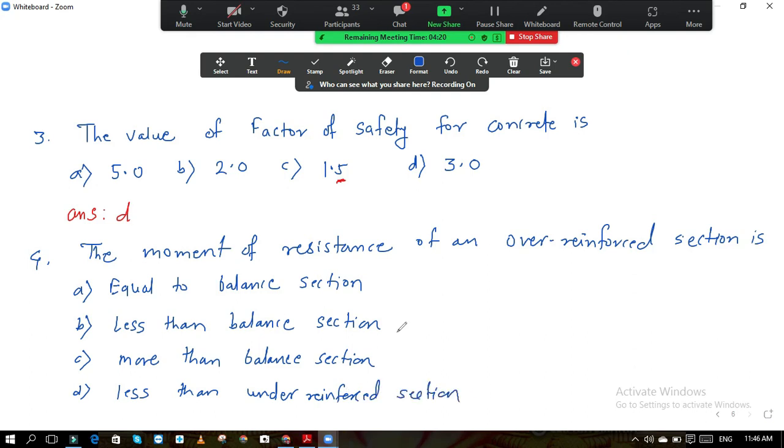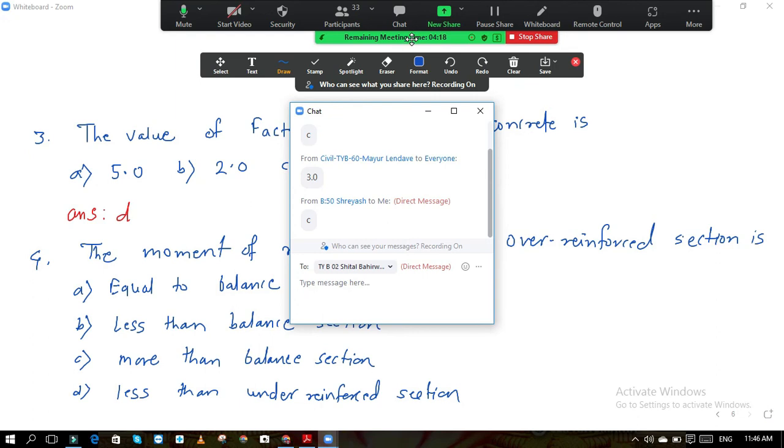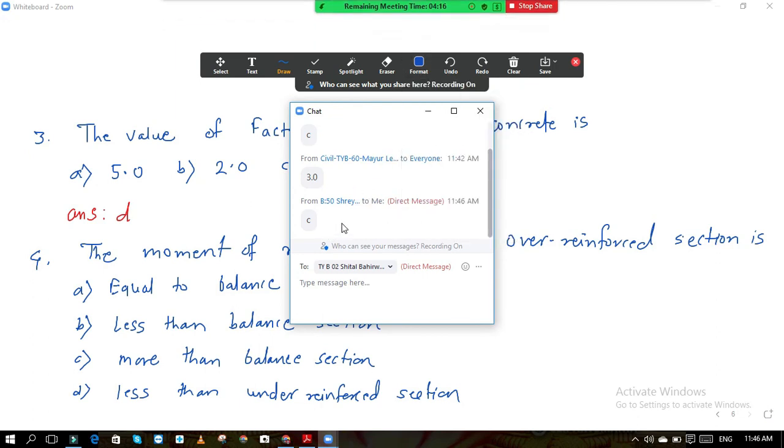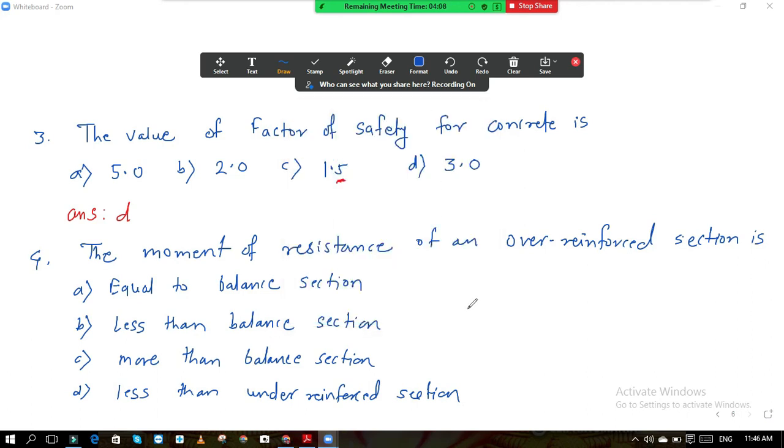Okay, answer. I will see the answer. What is given? It is given C, more than balanced section.